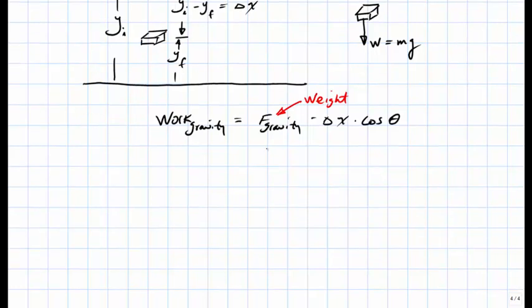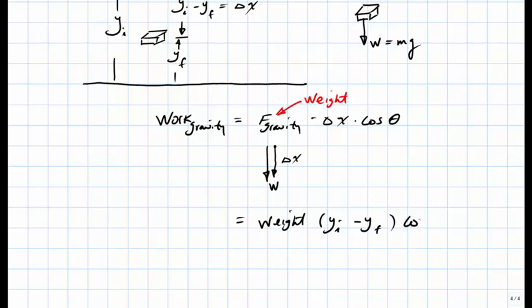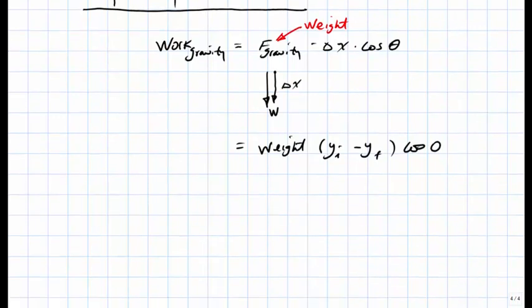So the force of gravity, which is weight, could be represented by this arrow. The displacement is represented by this arrow, and of course the angle between these two vectors is 0 degrees. So this equation just becomes the weight times delta x, which again we noted delta x just equals y initial minus y final, and the angle between them is 0 degrees, which of course the cosine of 0 equals 1.